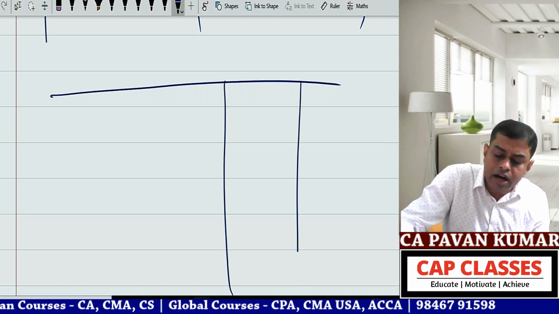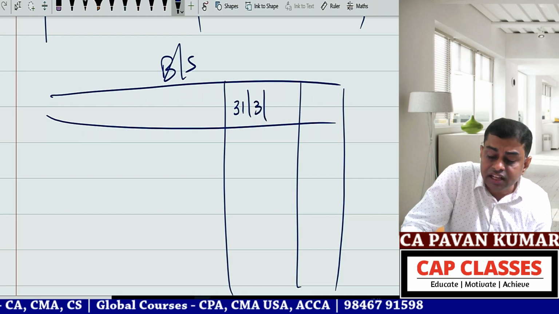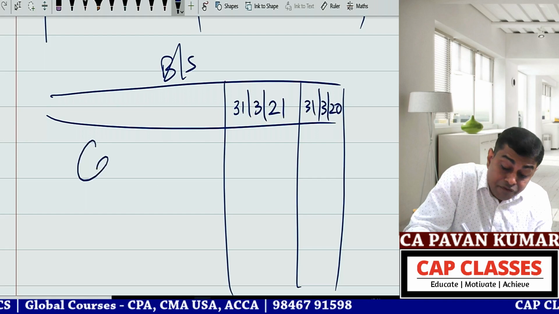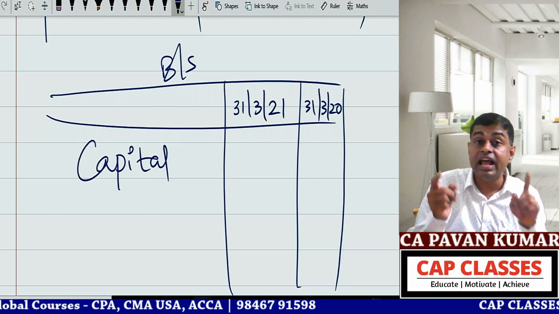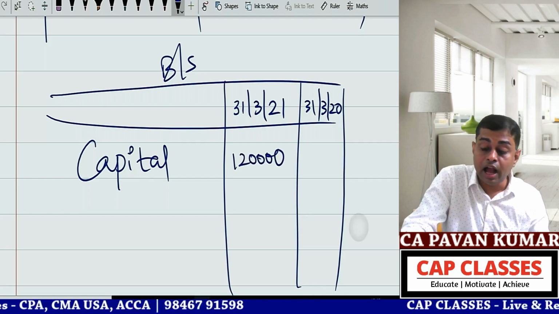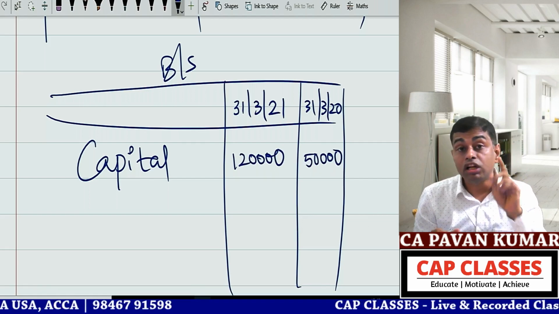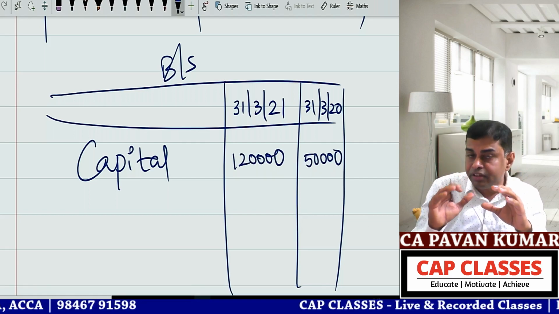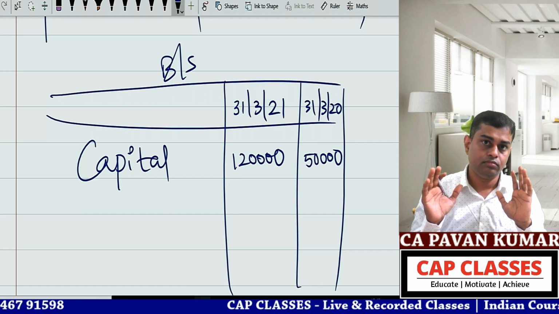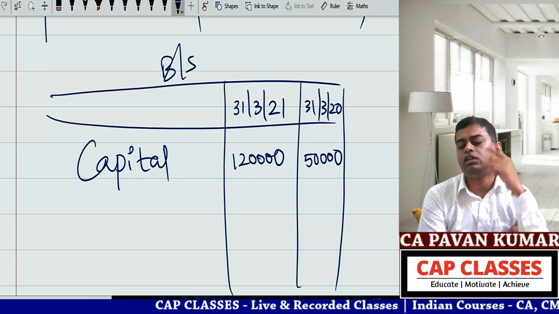Oh my god, if this is my balance sheet as on 31/3/2021, and this is as on 31/3/2020, and capital here is 1,20,000 and here capital is 50,000, without loss of generality, if there are no more transactions, opening capital 50,000, closing capital 1,20,000.